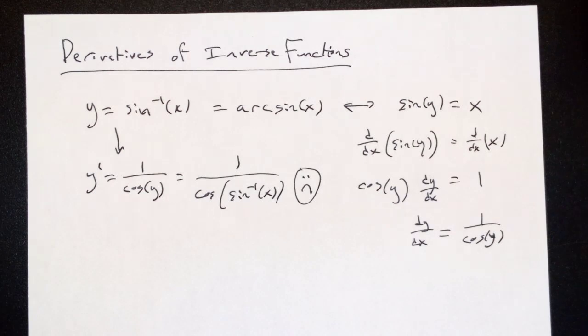We said this right at the beginning. I said that's the angle that gives me the sine. So that's an angle. If y is an angle, I can draw a triangle. This is trig. Let's go back to trig for a minute.